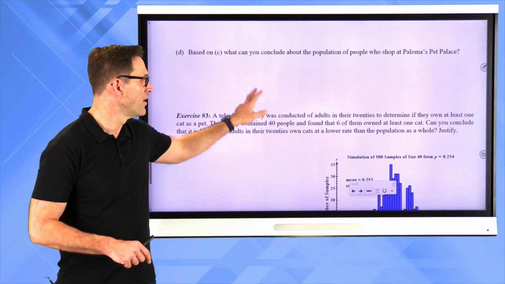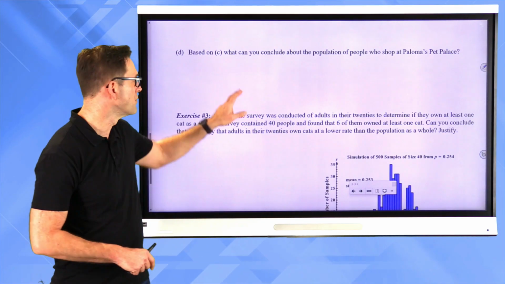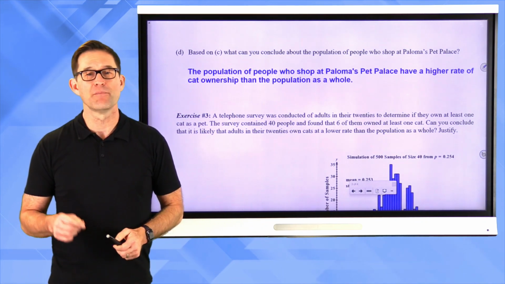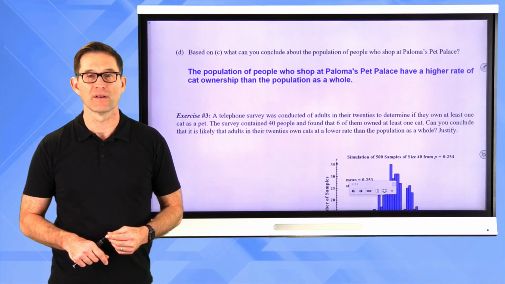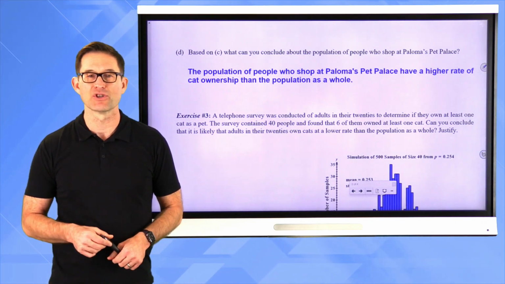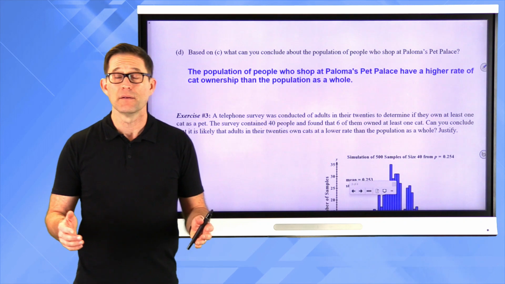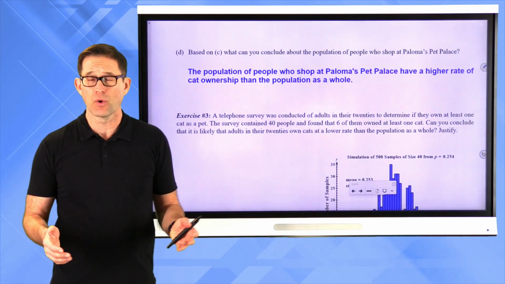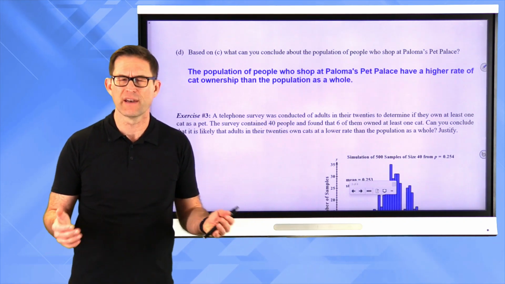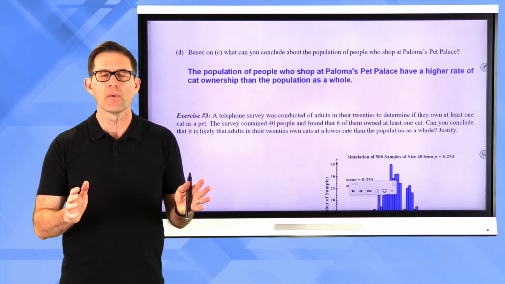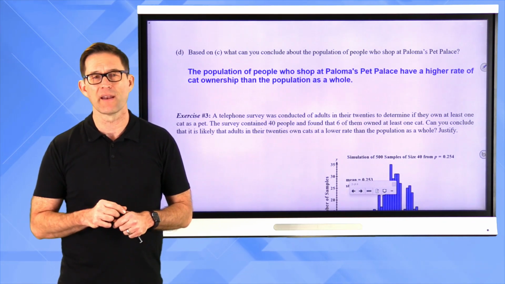All right, well, here we go. We can now conclude that the population of people who shop at Paloma's Pet Palace have a higher rate of cat ownership than the population as a whole. Now, again, how confident are we of that? We're 95% confident. Statisticians, don't jump all over me for that, but that's the way I want you as a student to think about it at this level.